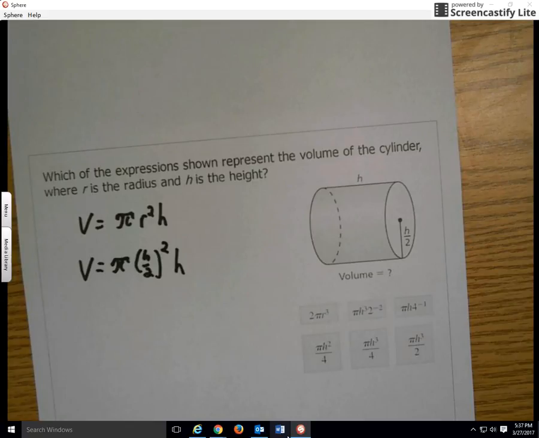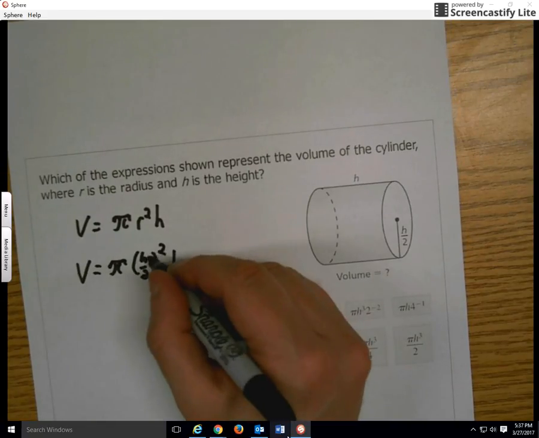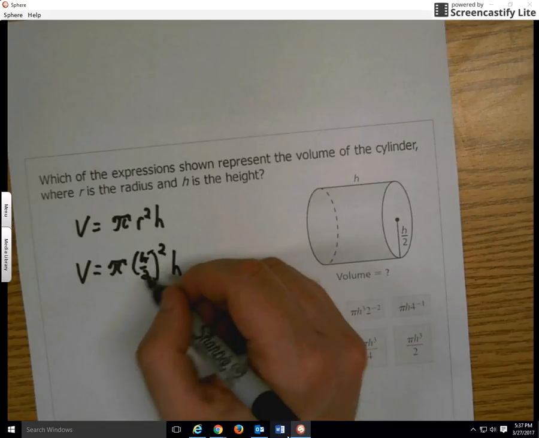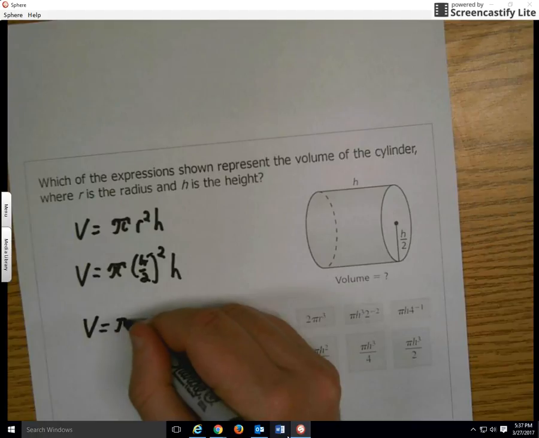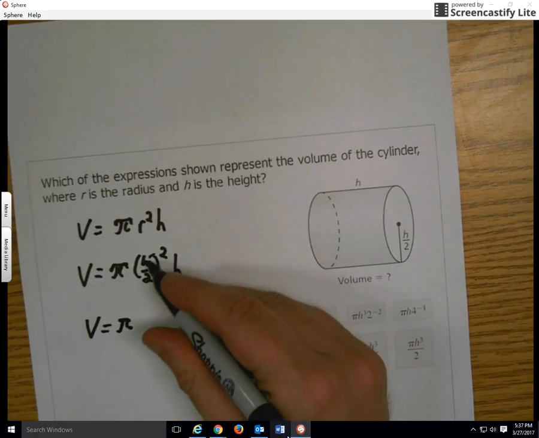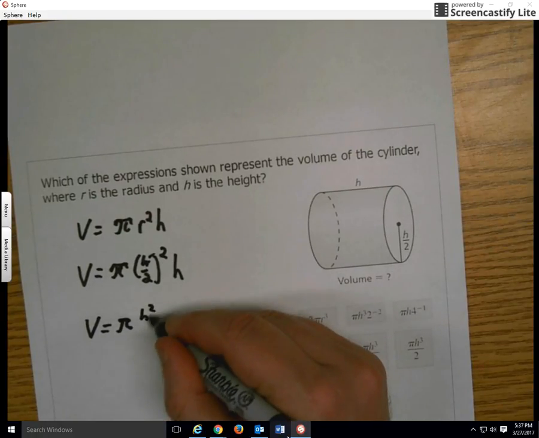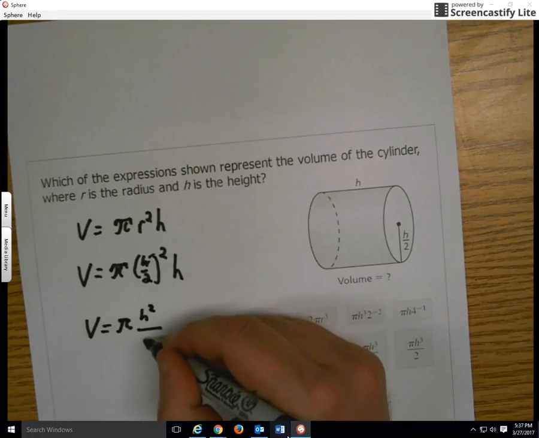So remember the power of a quotient property, right? It's almost like I'm distributing this 2 to both of these, the h and the 2. So V equals pi, and h to the second would just be h squared. And 2 to the second would just be a 4.